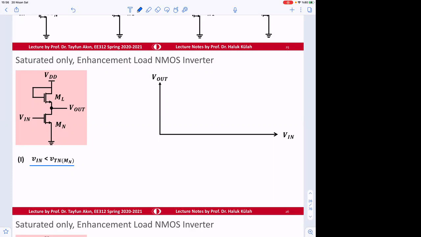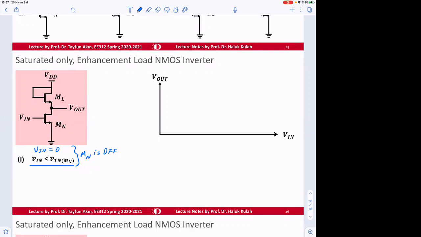Initially maybe Vin is equal to 0 or less than VTN. What happens? Output is supposed to be high, but what is the state of Mn for this case? Off. Yes, Mn is off.